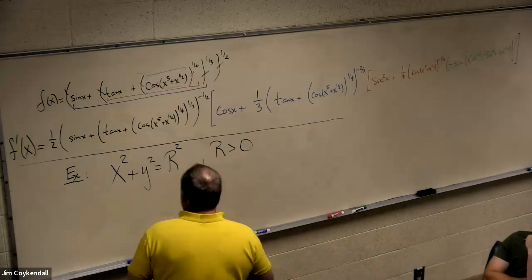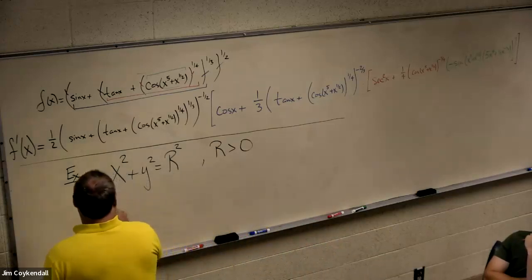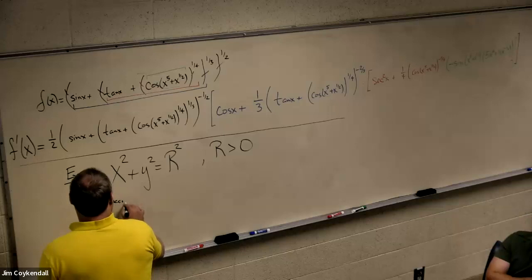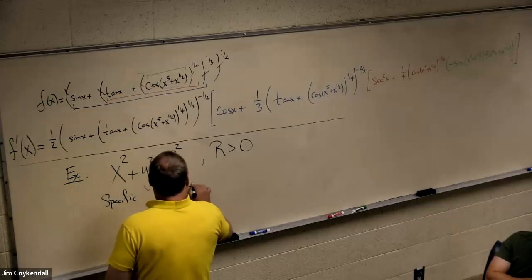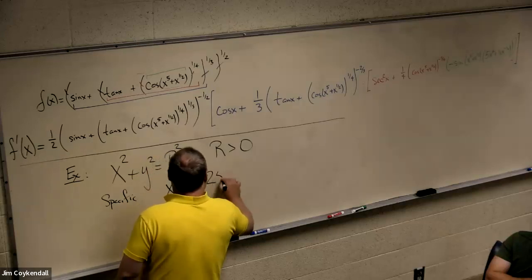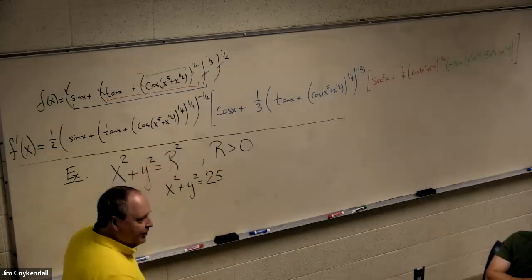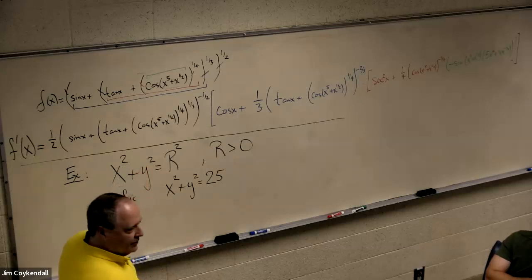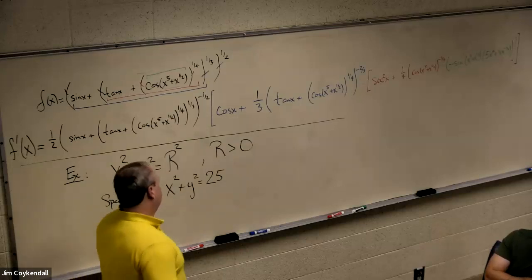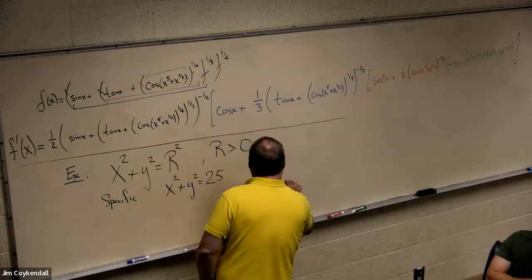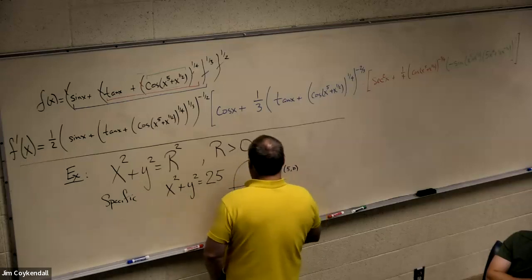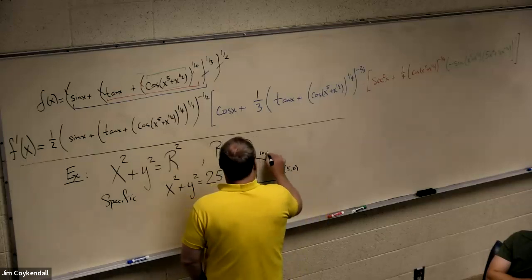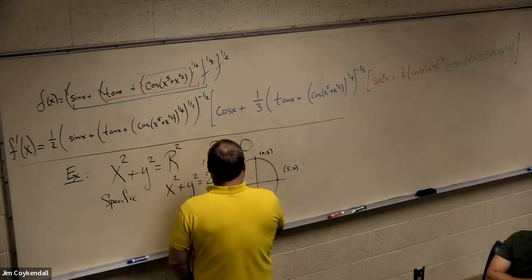So, for example, let me do a specific one. This is one of my favorite circles. It is centered at the origin and it has radius 5.